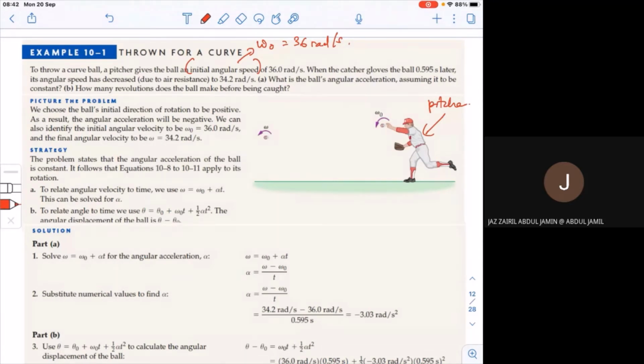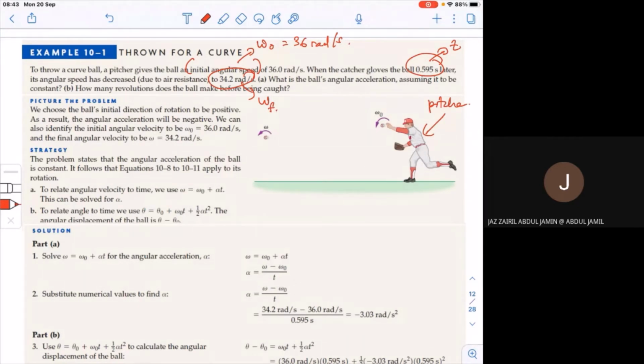When the catcher gloves the ball 0.95 seconds later, so this is t, its angular speed has decreased due to resistance. This one is omega f. What is the ball's angular acceleration, assuming it to be constant?